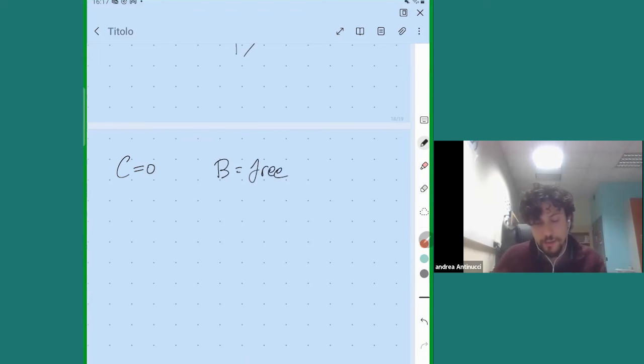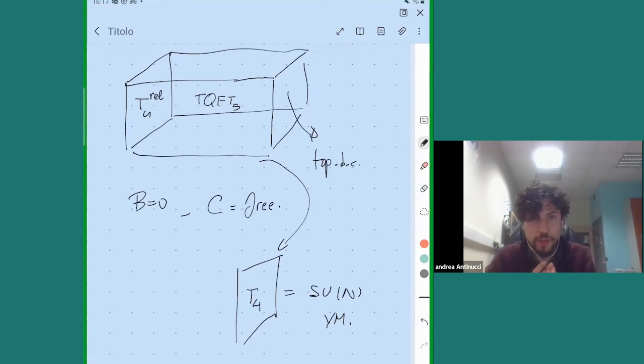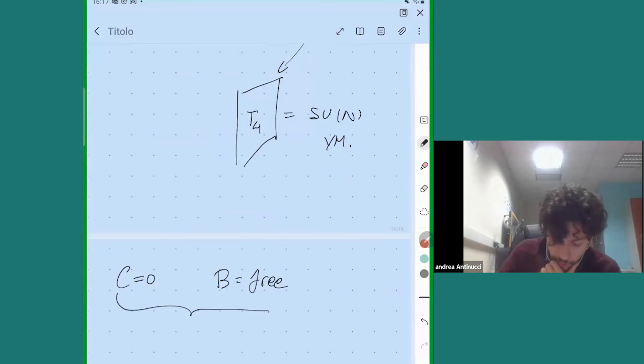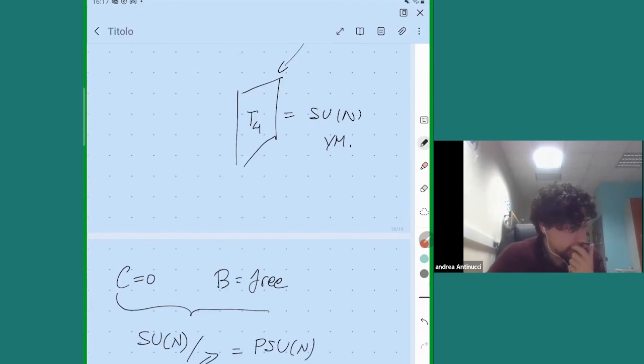And you immediately understand that if B is free on this topological boundary, after this slab compactification you will get a theory where B, the background field for the one-form symmetry, is still dynamical. So if the background field is dynamical in the boundary, this will correspond to SU(N) where we gauged the Z_n one-form symmetry. And so this is the PSU(N) theory, as I explained before.